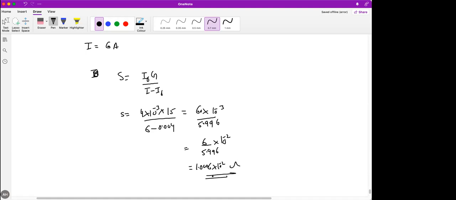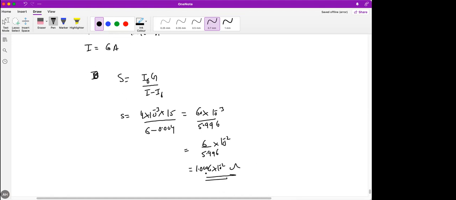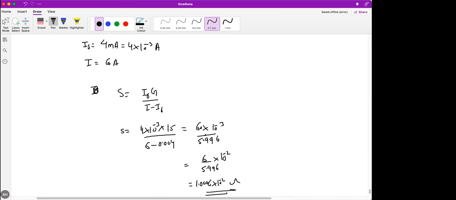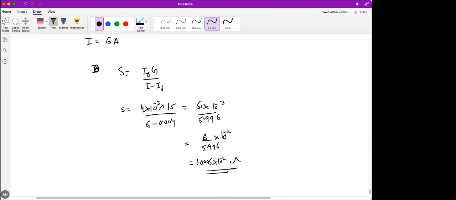This is the value of shunt resistance which is required. Ahmed, Noor, Mariam, they all were getting the right answers. Always remember to convert milliampere into ampere.